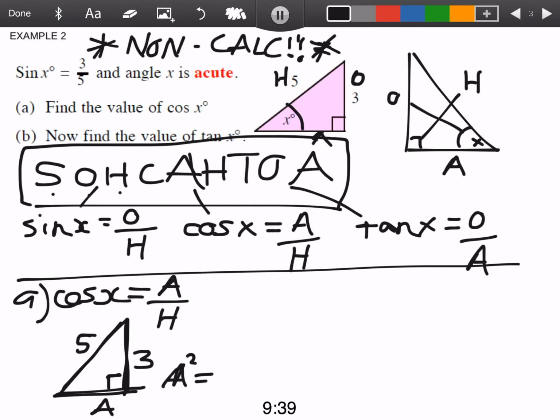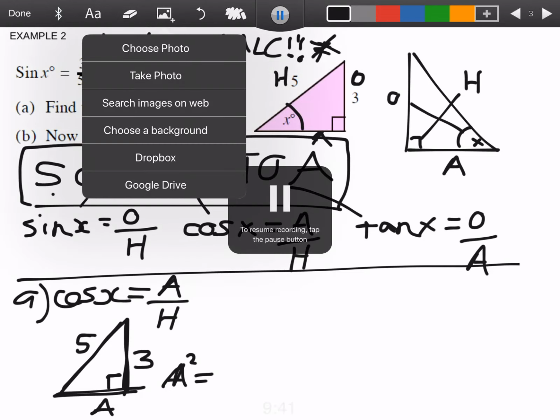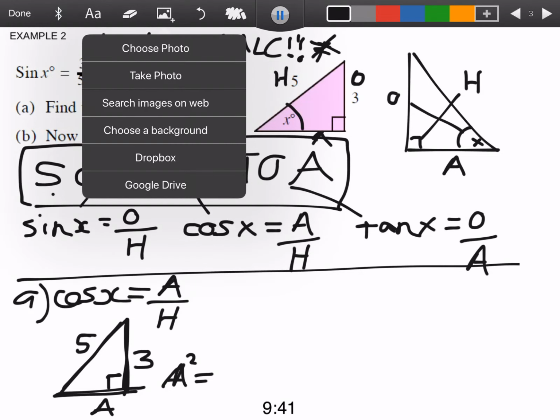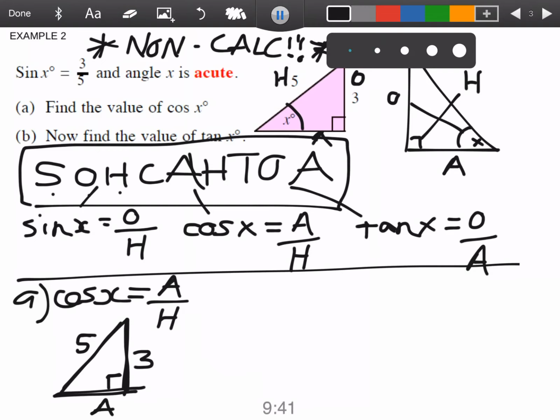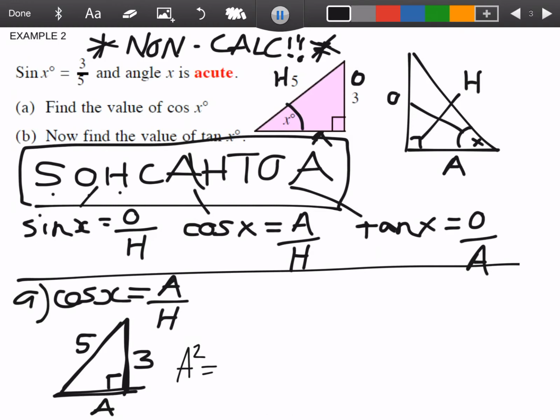How do you find A squared? Is it something to do with 5 squared and 3 squared? We square them and add them, or we square and subtract them. You square them and subtract them, do you remember that?